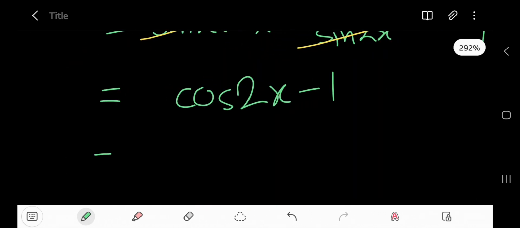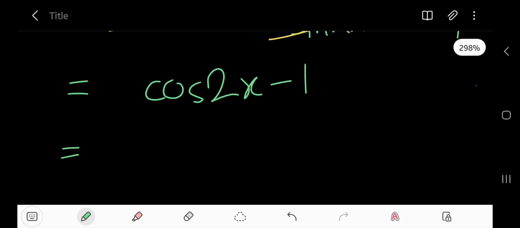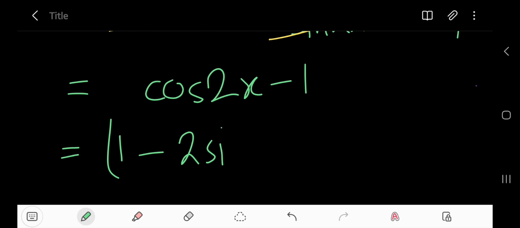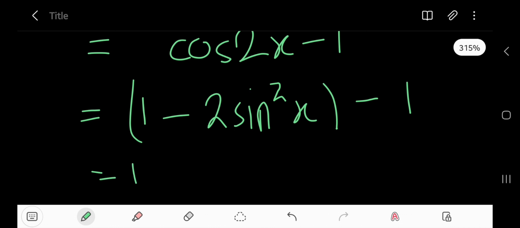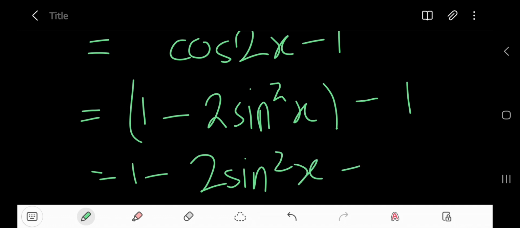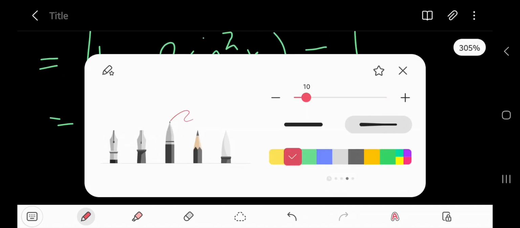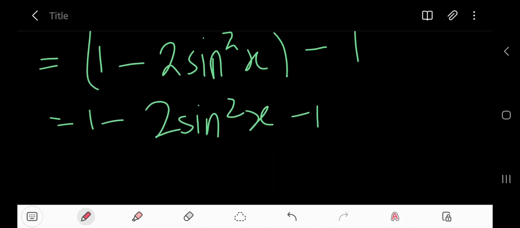So now this is the same thing as 1 minus 2 sine squared x, minus 1 outside there. Obviously now there's going to be 1 minus 2 sine squared x minus 1, and obviously the 1 and minus 1 are going to cancel out. 1 minus 1 is 0.